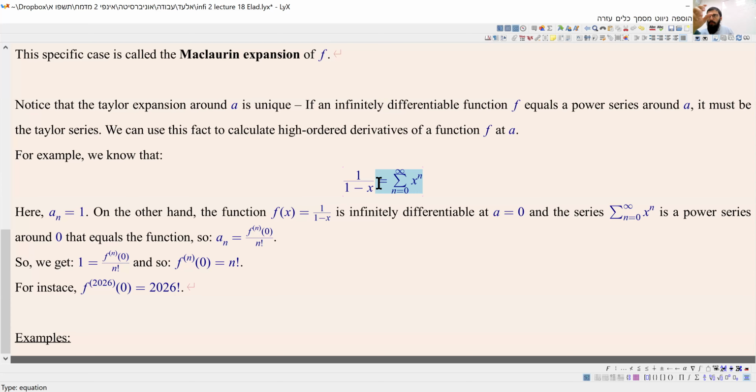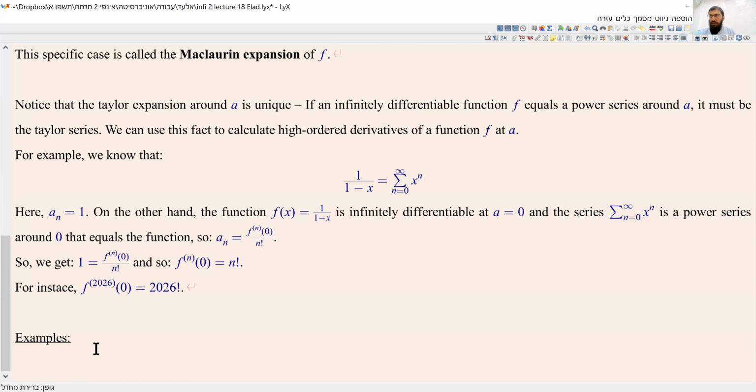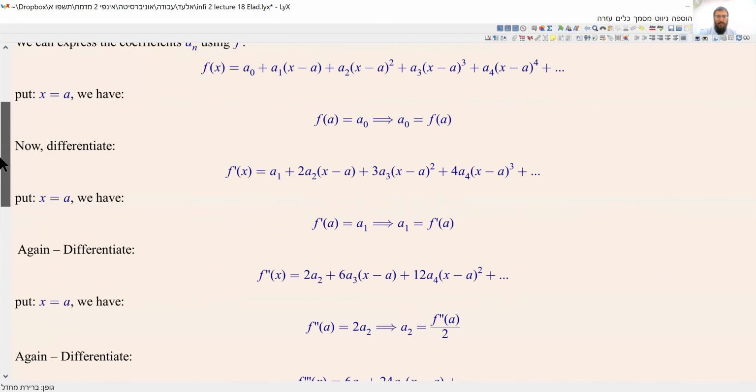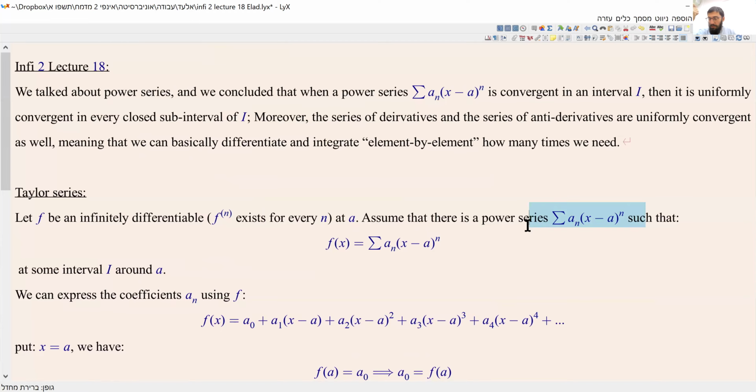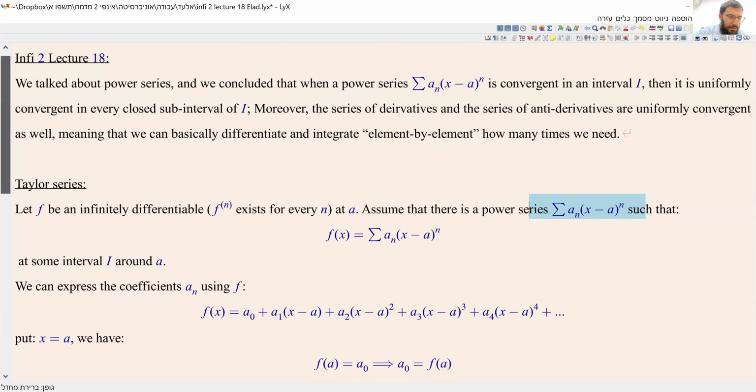I want to show you other examples that you can probably use freely whenever you need, where functions equal power series. Now, there is an assumption behind the scenes that the function equals a power series, and we're going to discuss this assumption, as I mentioned, in our next lecture.